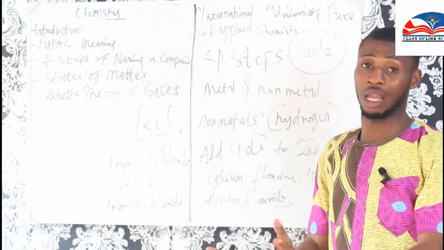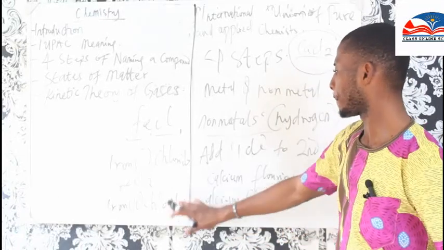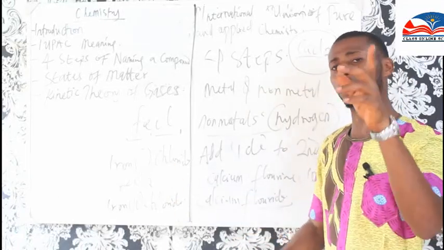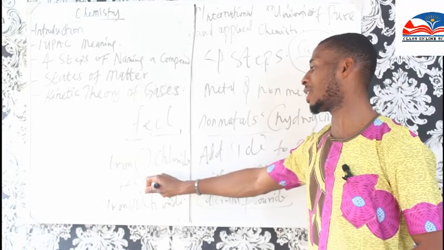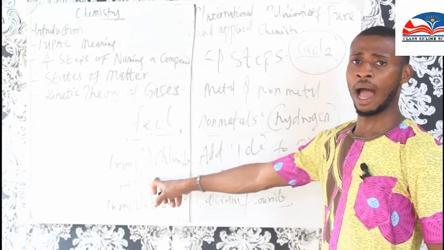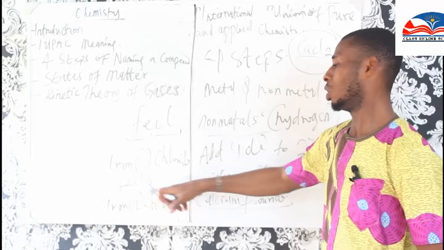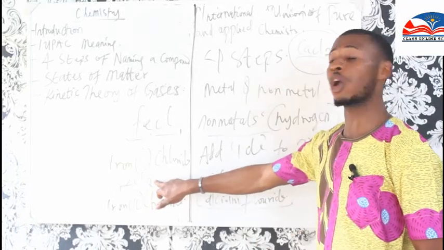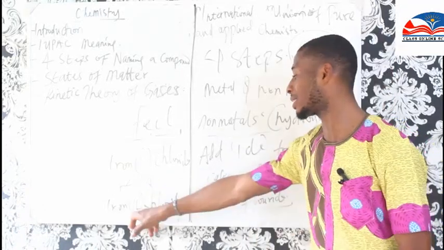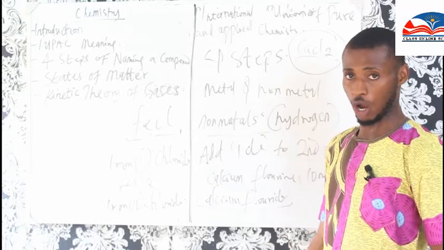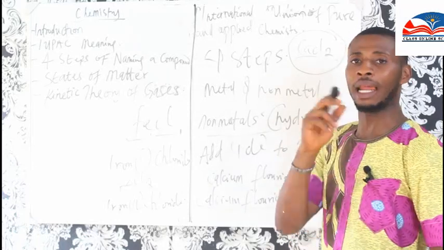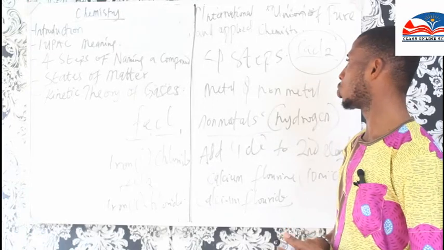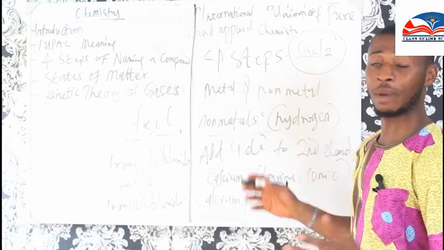So I just named 10. If those elements have the capacity of displacing an ion out, you need to take that ion as a Roman numeral and place it in the naming of that compound.